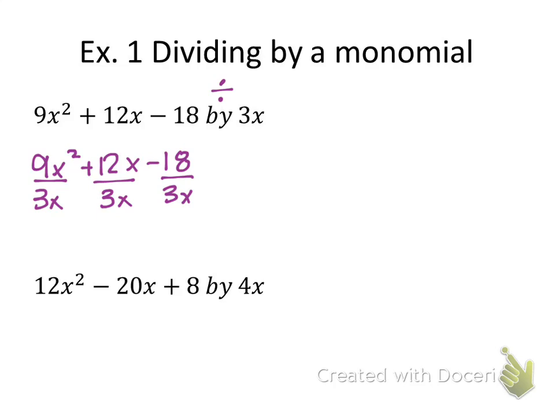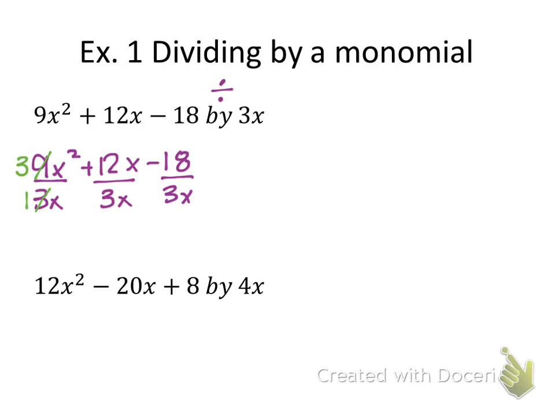So I say, okay, what number is going to go into 9 and 3? 3. 3 goes into 3 how many times? 1. 3 goes into 9 how many times? 3. Make sure you don't make the mistake and say 2. 3 goes into 9 3 times. Now I've got to simplify the variables. I've got an x squared and an x.